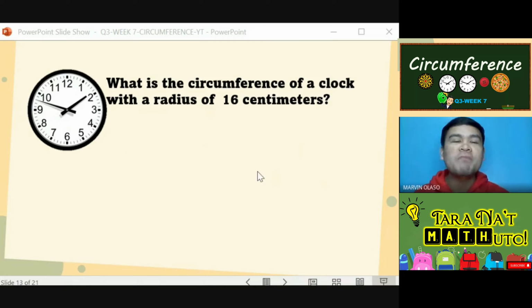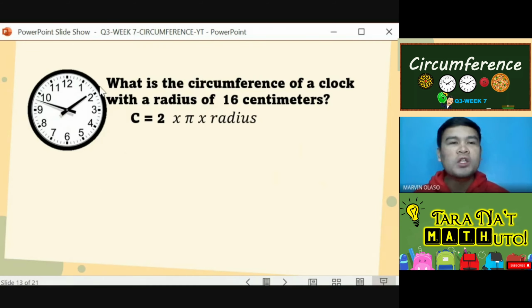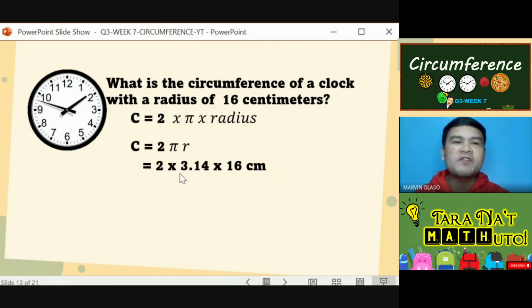So, the formula in finding the circumference with the radius as given is equal to 2 times the value of pi times the radius. Just remember this. Or C equals 2 pi r. So, please remember. Let's substitute now the values. 2 times the value of pi, again 3.14, times the radius, 16 centimeters.